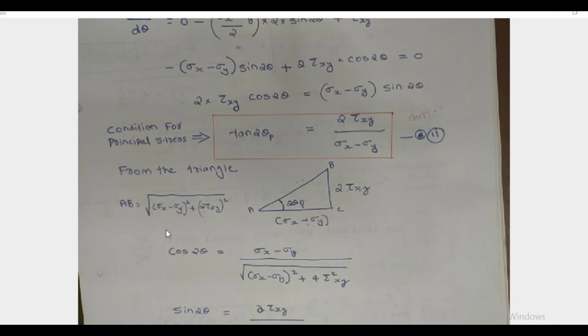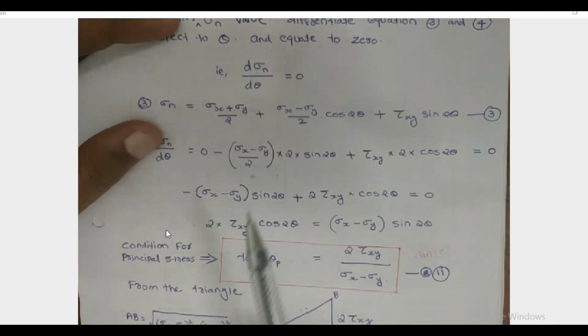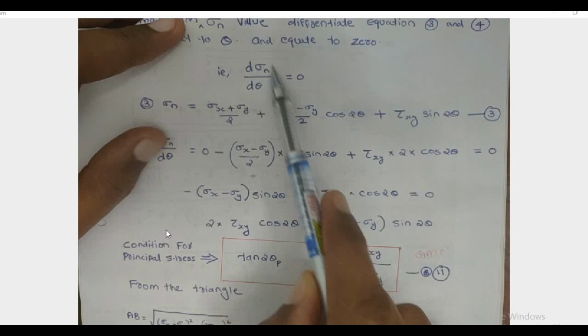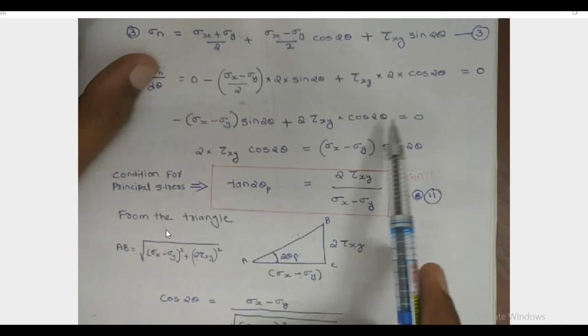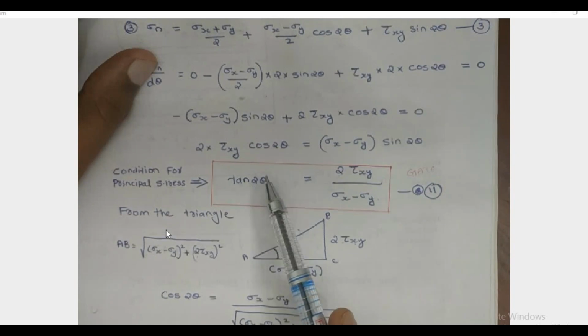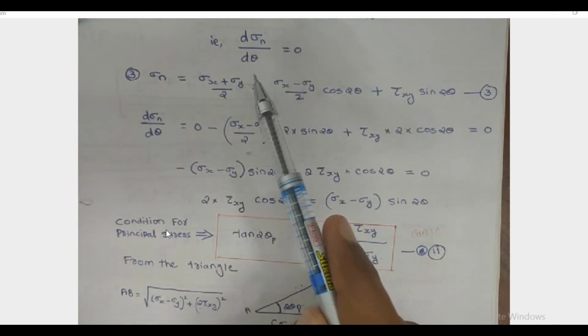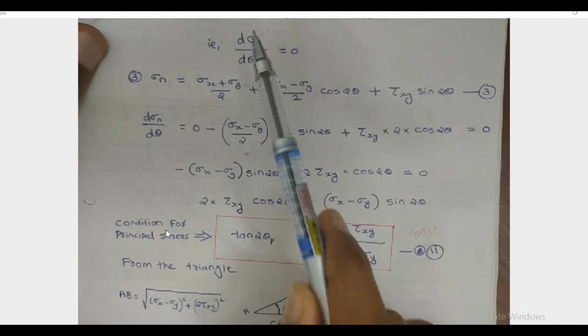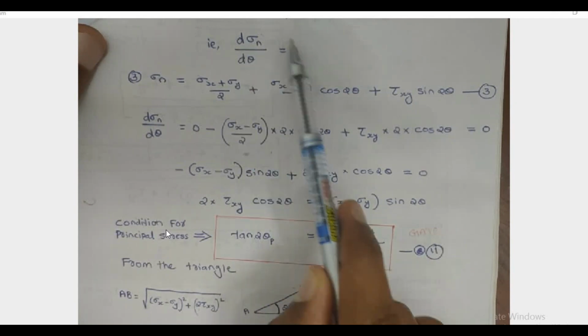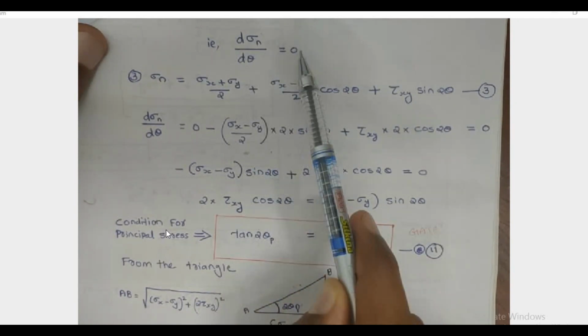After differentiating and equating to 0, we change the theta value into theta p, because theta now corresponds to the principal plane. On a principal plane sigma n is maximum, that is why we differentiate this sigma n with respect to theta and equate it to 0.